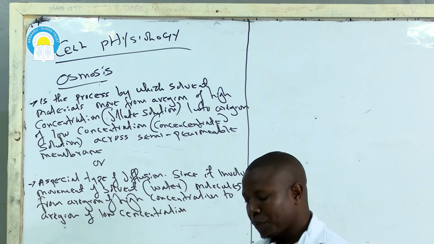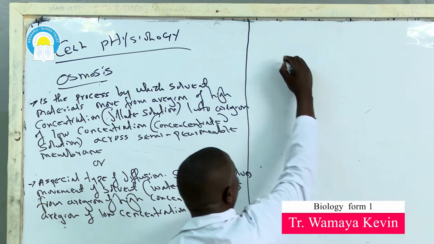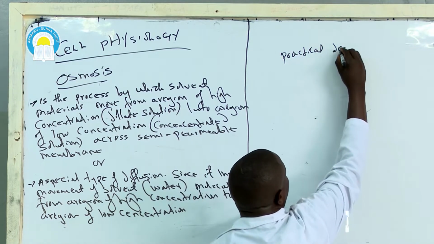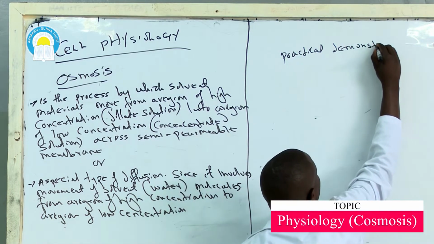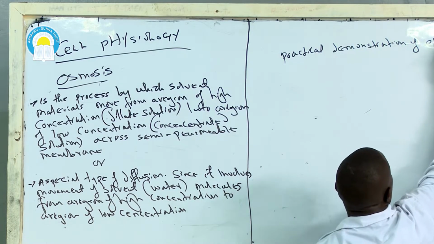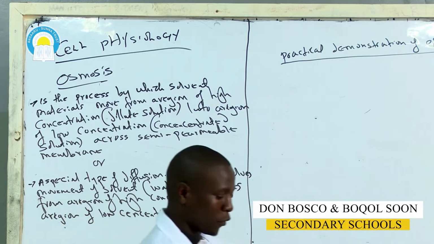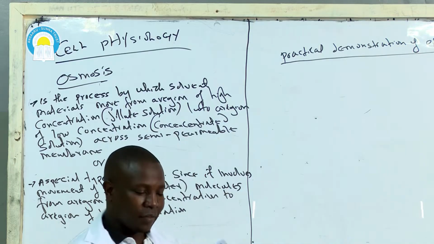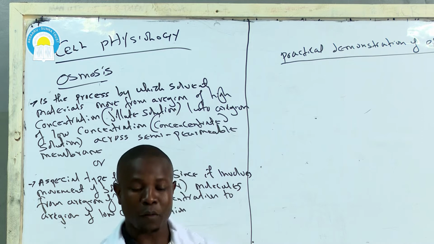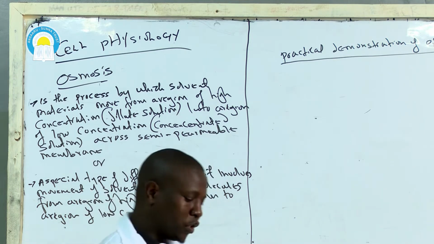So we go to the practical demonstration of osmosis. We want to see how osmosis works on a living cell. In this case, we start with the cell membrane, and we are going to use an artificial one, visking tubing.